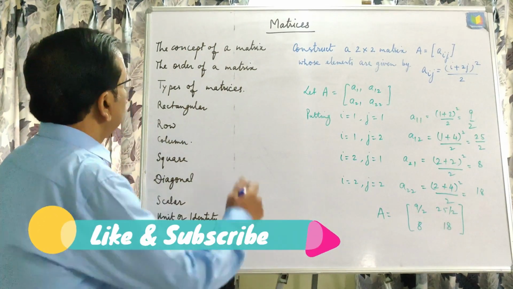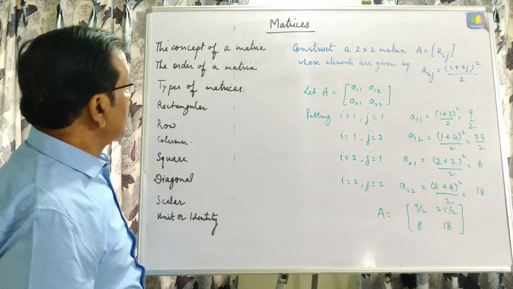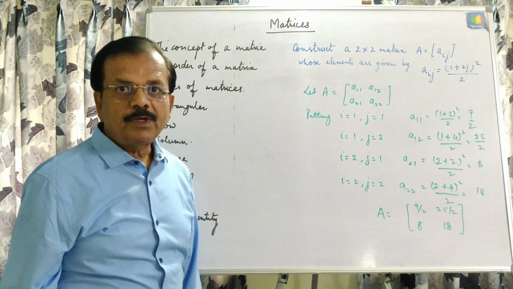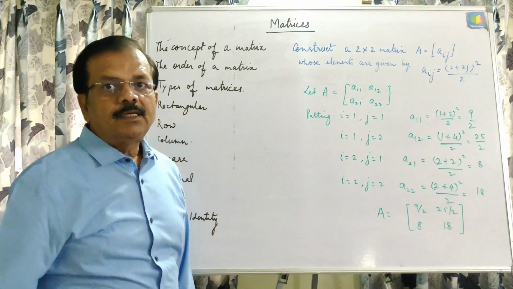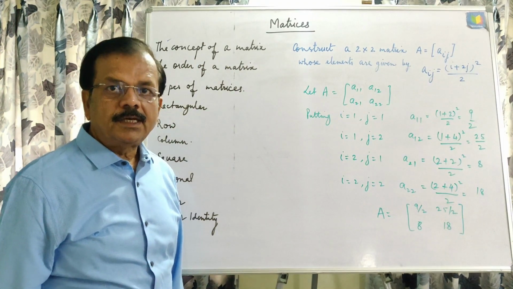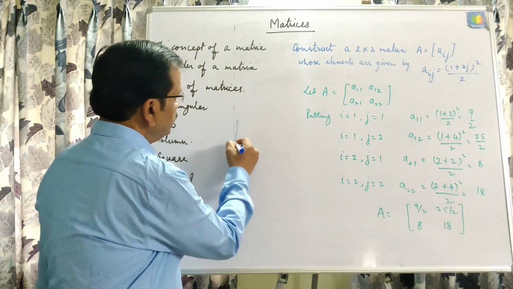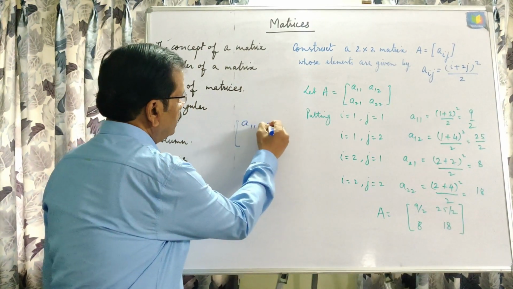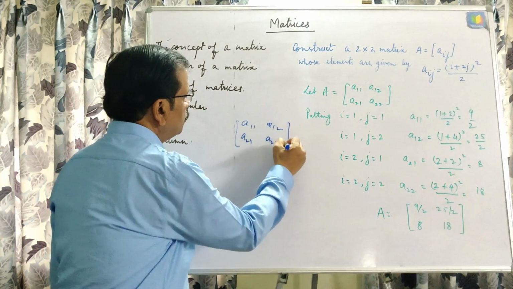Okay, during the recap we will study all the topics that you already studied in class 10. Now see the concept of matrices. A matrix, or in plural matrices, is an array of real numbers or entities arranged in rows and columns. You can see here A11, A12, A21, A22.